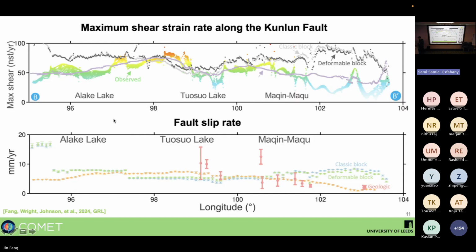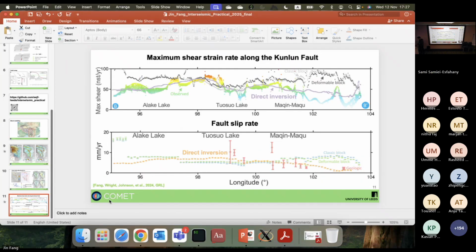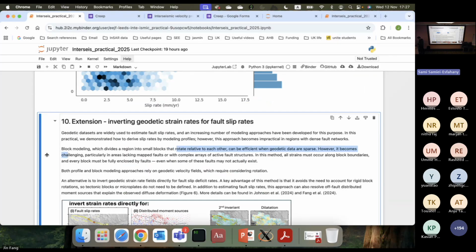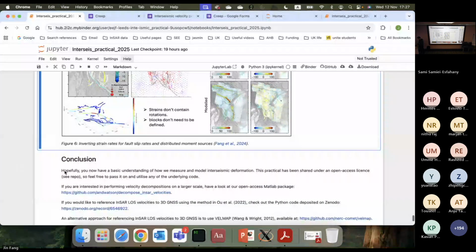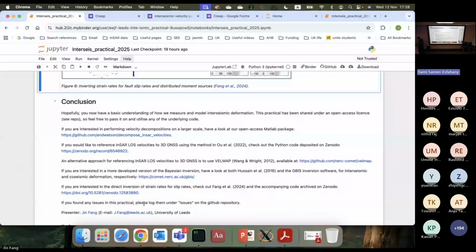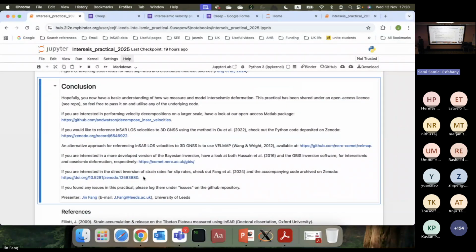But with the new approach, we can capture the realistic tapering of slip rates, which lines up better with what we see in the geology. So we recommend the direct inversion of strain rate as the preferred method, and the code package is listed in the notebook below if you want to try it out.